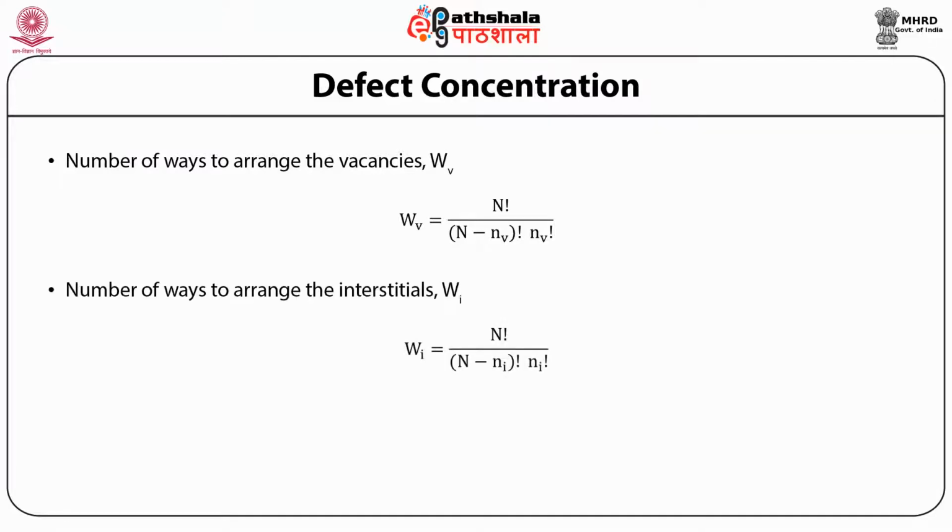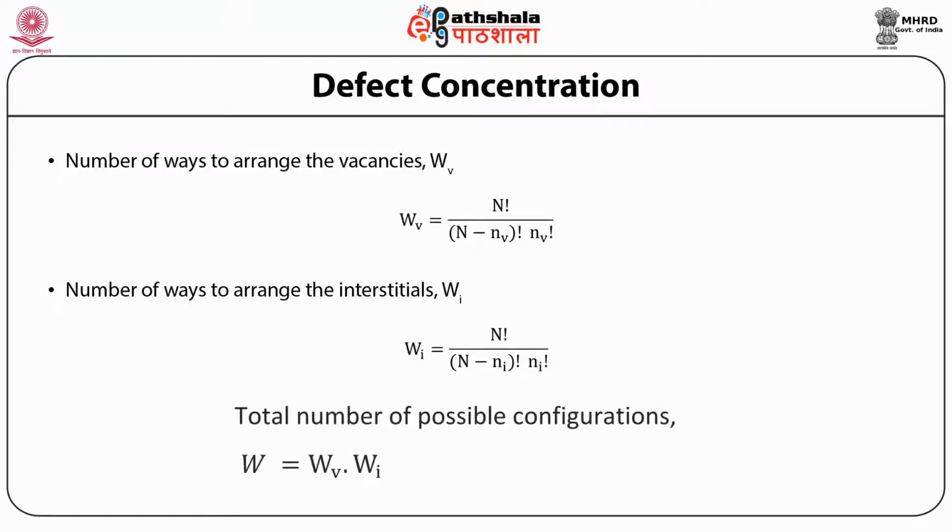So the number of ways to arrange the interstitials, assuming that N lattice sites are equivalent to N interstitial sites, Wi is equal to N factorial divided by (N minus Ni) factorial times Ni factorial, where Ni corresponds to the number of interstitials.